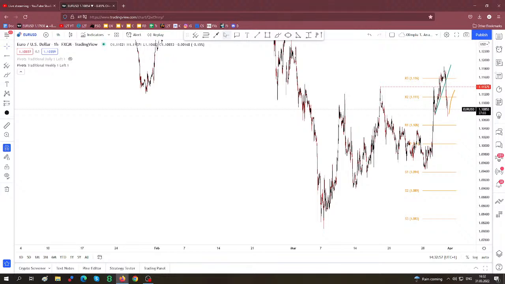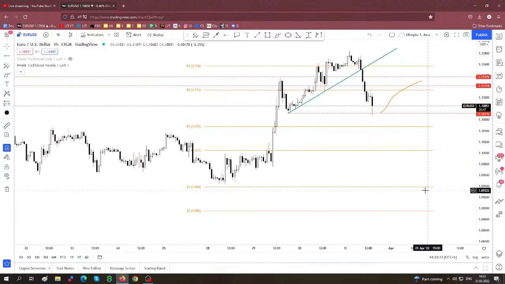If it retests, it could bring us new short opportunities, because right now it has reached 1.1071 as support. So only a short-term sell-off, maybe on lower time frames, on 15 minutes or something.